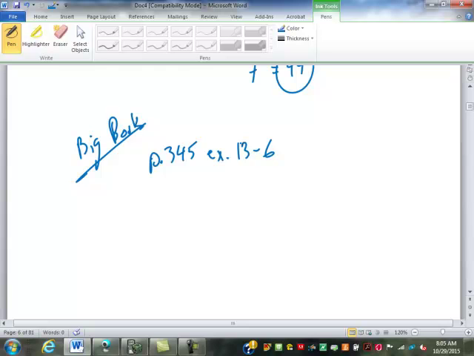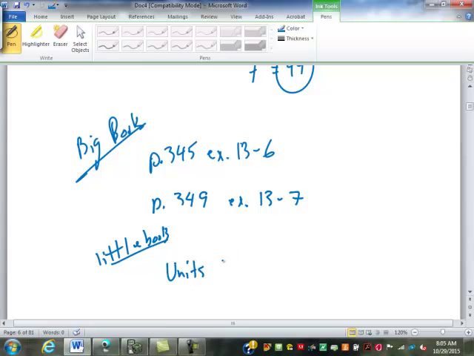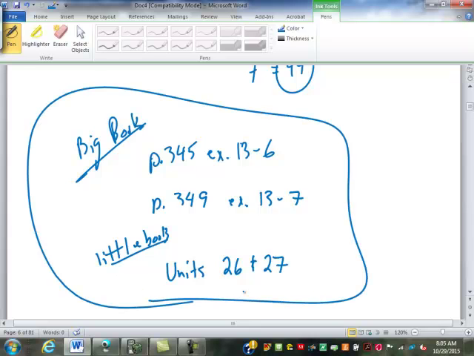Page 345, exercise 13-6. Also on page 349, exercise 13-7. And then in your little books, you're looking at units 26 and 27. That should keep you occupied for a while. You said 13-6, 13-7. Yep. 13-6, 13-7.